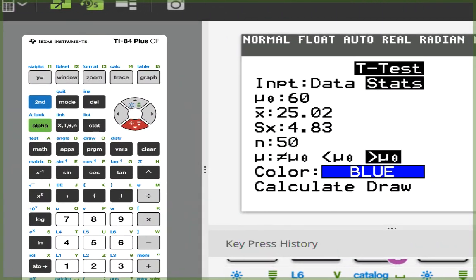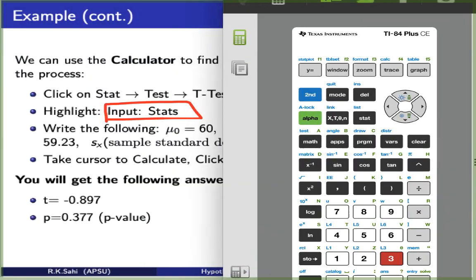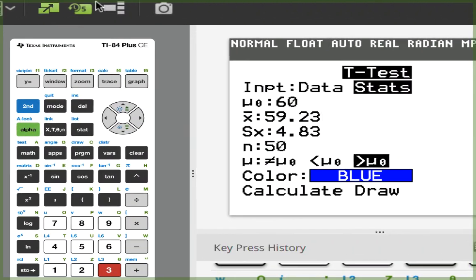59.23. That's when you plug in those numbers and do the one variable stat. 59.23. And then your standard deviation was 4.54. That's a sample standard deviation, guys. Oops, made a mistake. 4.54, enter.